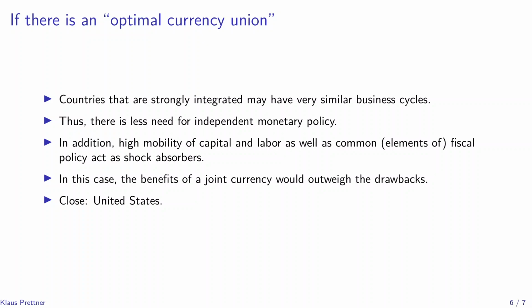If all that is in place, then it may be that the benefits of a joint currency would outweigh the drawbacks. The drawback of not having independent monetary policy is small, and the benefits, saving transaction costs and exchange rate risks and so on, may be quite high. And close to that is, of course, the United States. They are quite an optimal currency union.